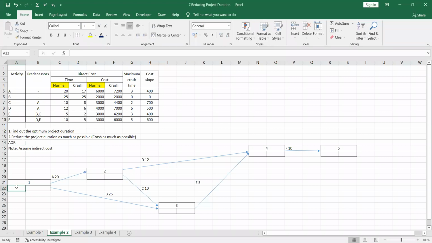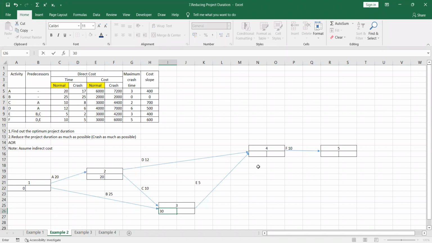So this is 0 here. For that 0, I have to add 20, so this is 20. Please make sure to do the forward pass calculation and the backward pass calculation and find the critical path. For that 20, adding 10 means 30 here.